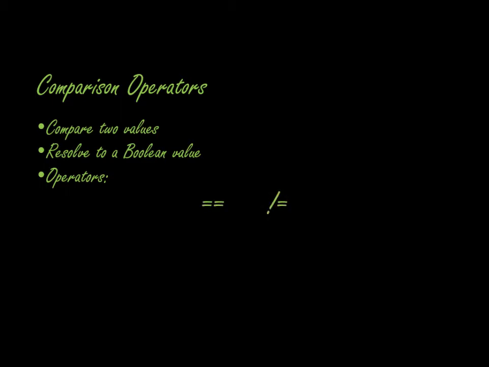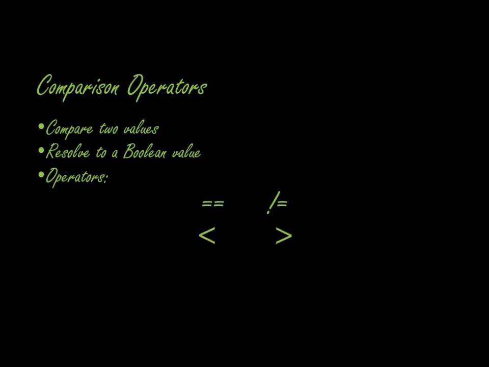So the operators are pretty simple. If you've had college algebra or any kind of programming at all, you may even have touched on it in high school. We've got a double equal sign, which we look at as equal to. This, != , is not equal to. And we'll go over examples here in a second.